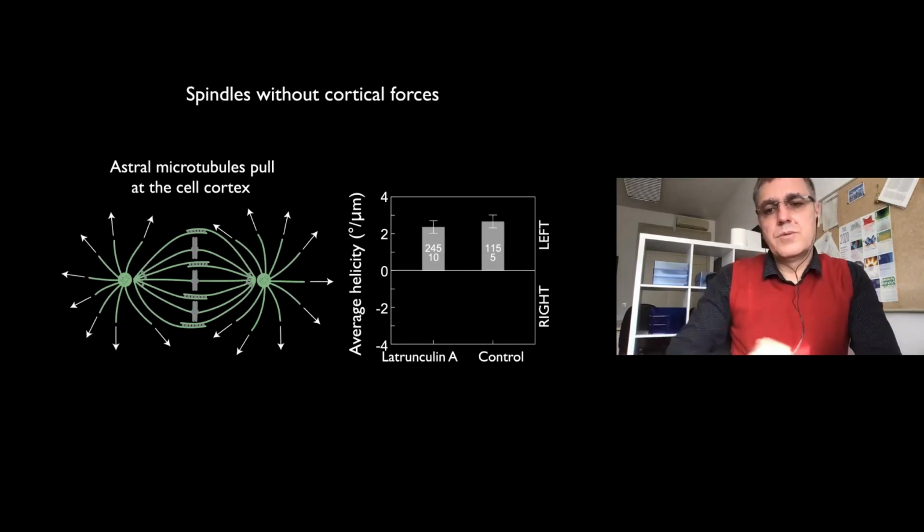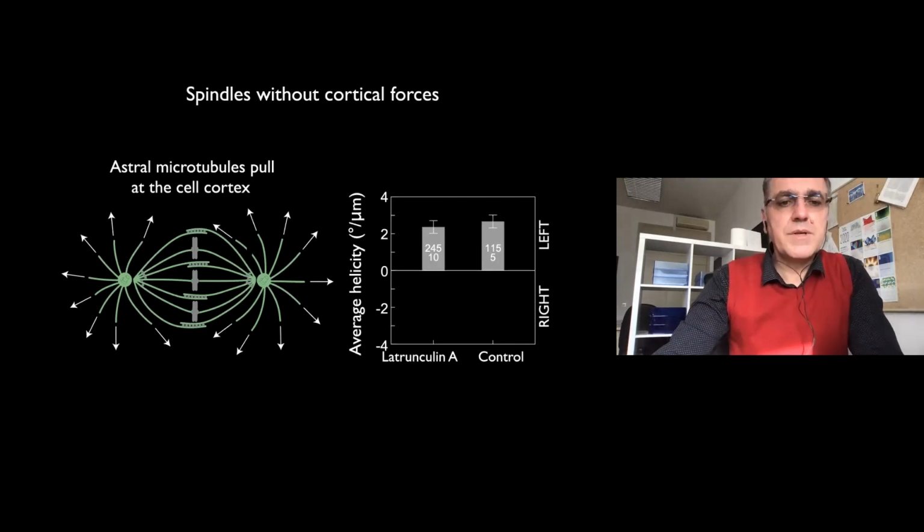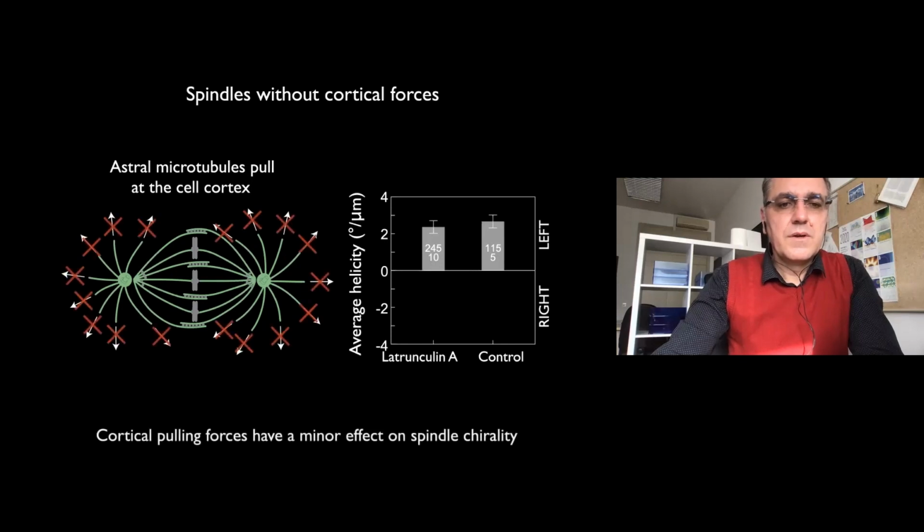Of course, to understand the forces in this spindle, we wanted to build a model, and for building the model, we also needed one additional experiment. We wanted to exclude the forces that are coming from the cortex. So we perturbed this cell cortex.